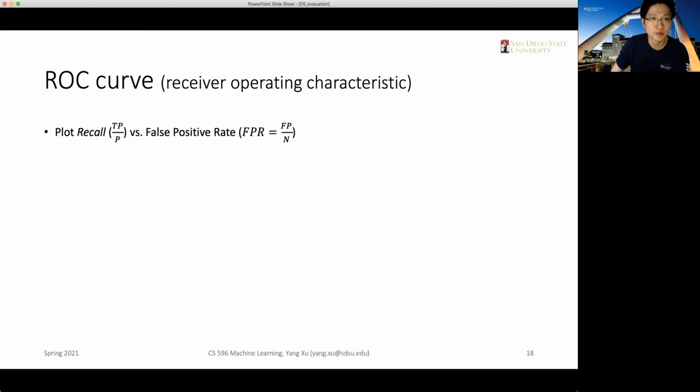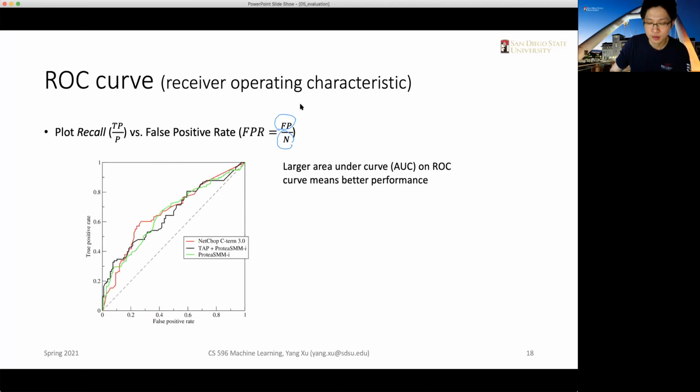Okay, false positive rate is the rate of false positives among all negatives. So if you plot the curve, it'll be like this, and the larger area under the curve on the ROC curve means better performance.